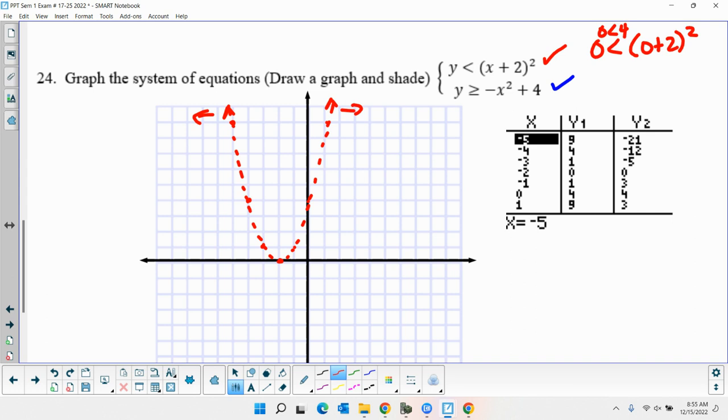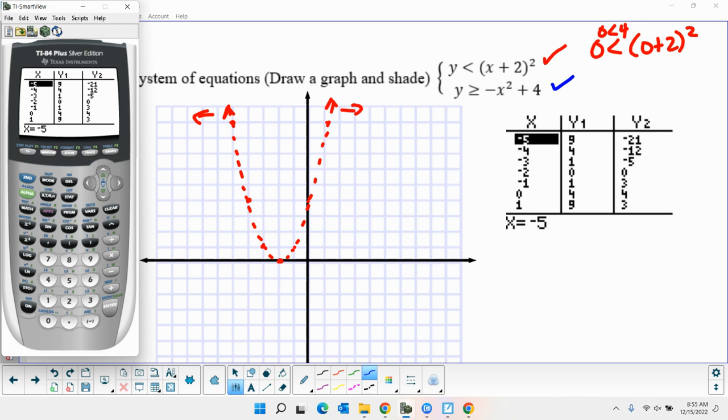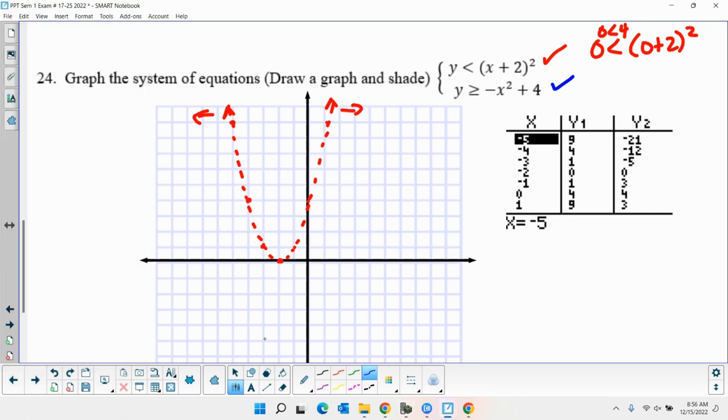Okay. The blue one, let me go to my table again. I like to get this to look a little more symmetrical. So negative 3, negative 5.